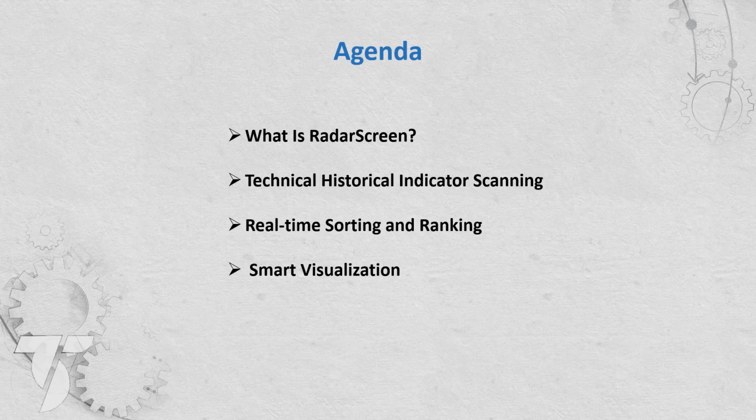So RadarScreen is really a unique tool in our industry and exclusive to TradeStation. The ability to scan on technical historical indicators isn't particularly unique or new to TradeStation, but having EasyLanguage as the underlying technology that allows us to build unique scans, combinations of indicators, that is what makes RadarScreen so special.